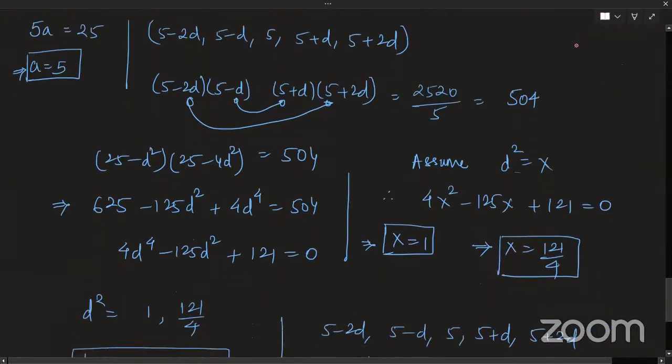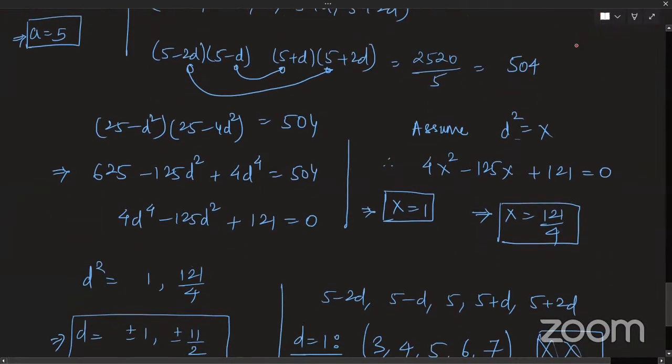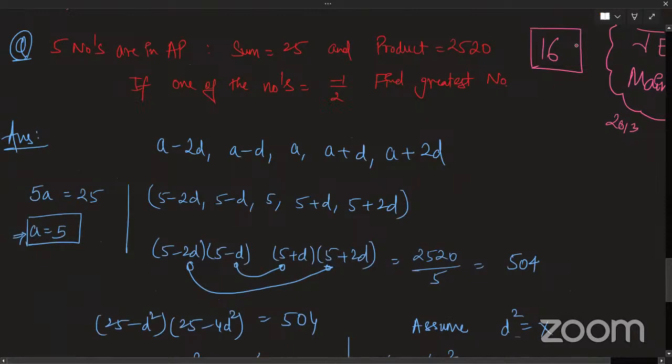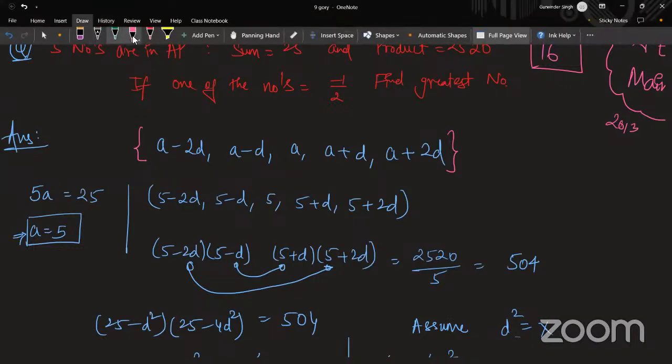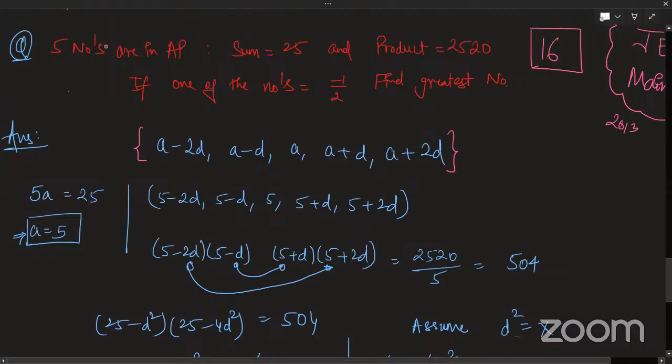But make one thing sure: when you get the value of A and the value of D, think back that the first number you have taken is basically A minus 2D. So make sure that you are starting your AP from A minus 2D and not from A.